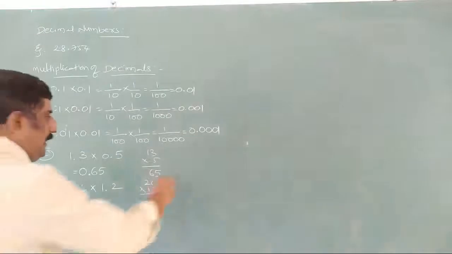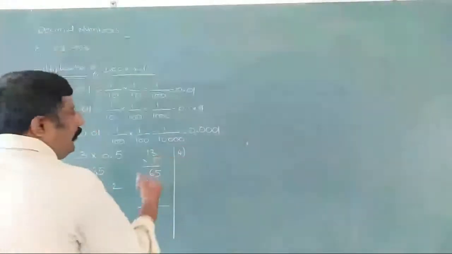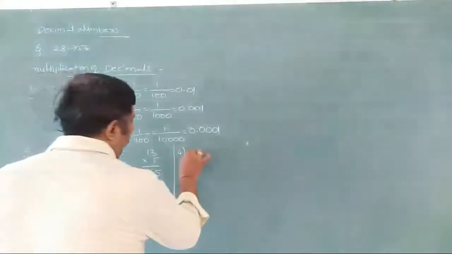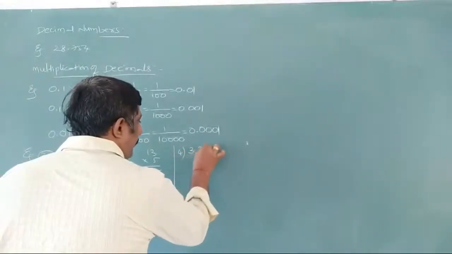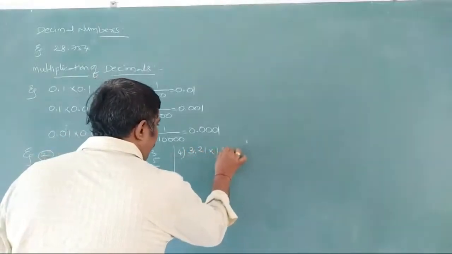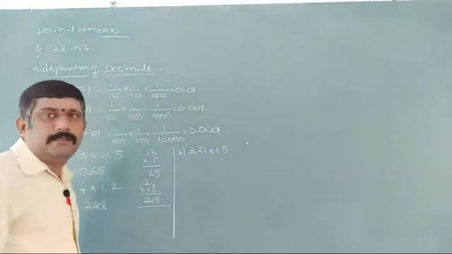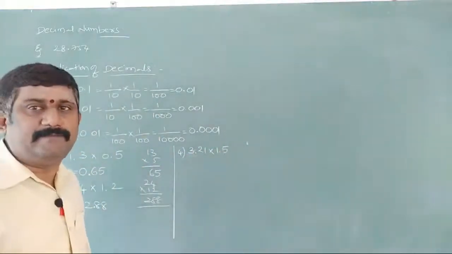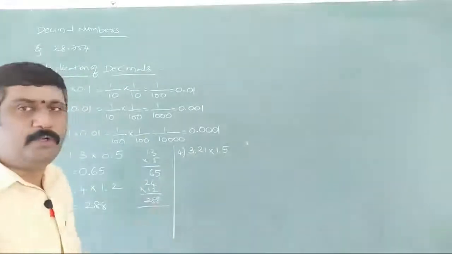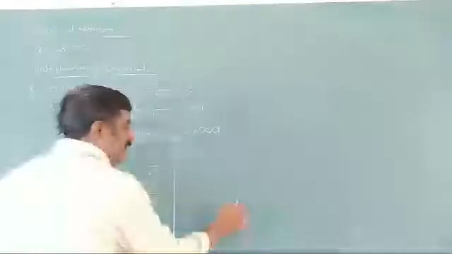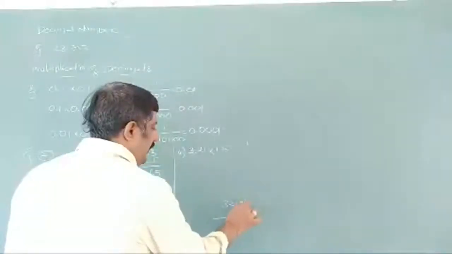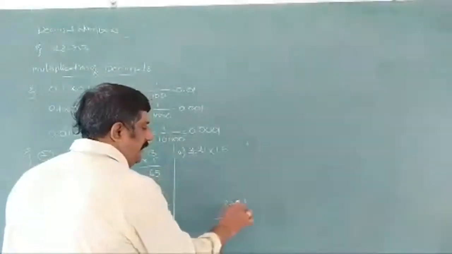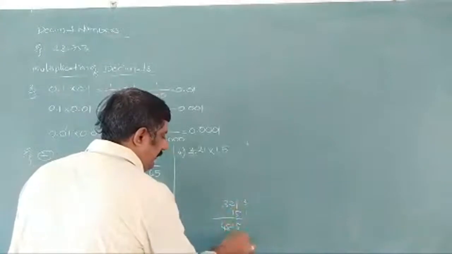One more example let me take here. Fourth one. 3.21 into 1.5. 15 table directly. 15 ones are 15, 1 left. 15 threes are 45 plus 3, 48.